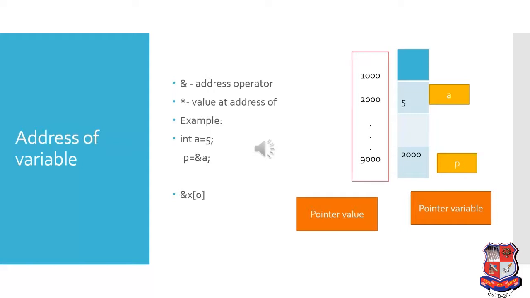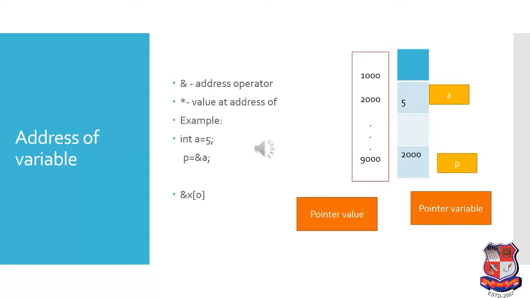That's why p is called a pointer. So with respect to pointer, we have learned what a pointer variable is. In this case, p stores the address of a variable. And the pointer value here is the address, that is 2000.